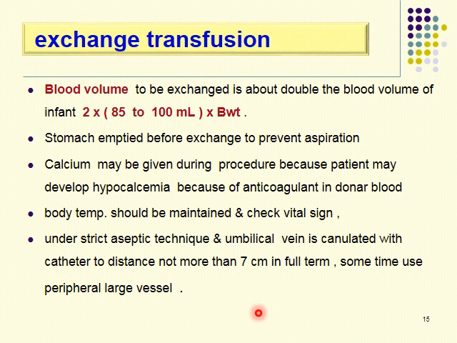The procedure should be under strict aseptic technique, and the umbilical vein is cannulated with a catheter to a distance not more than 7 cm in full term. Sometimes we use a peripheral large vein when we cannot find the umbilical vein.